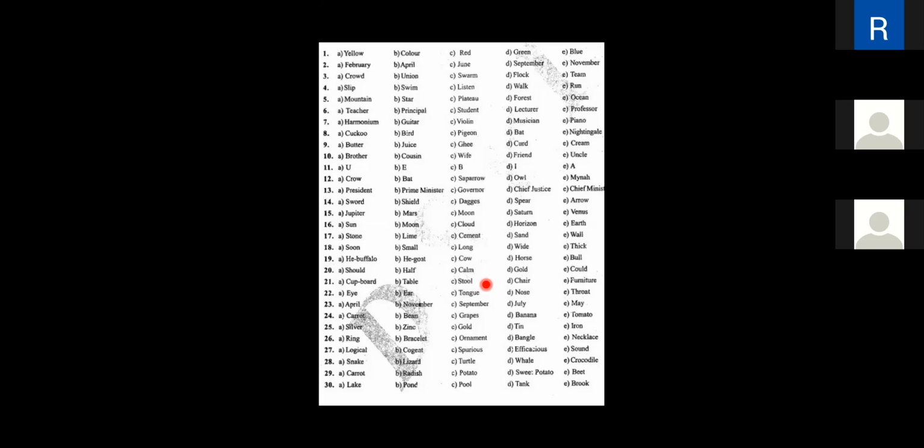that is cloud. Now next one: stone, lime, cement, sand, and wall. Again, question of jumble, right? So stone, lime, cement, sand, and wall.